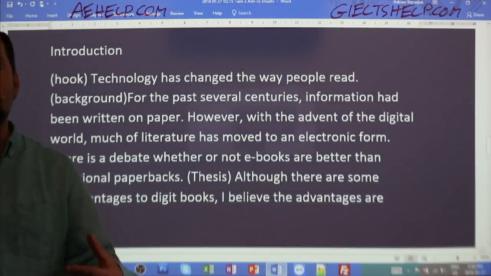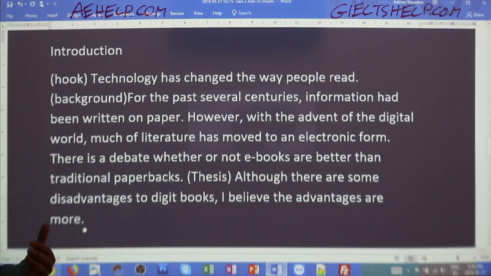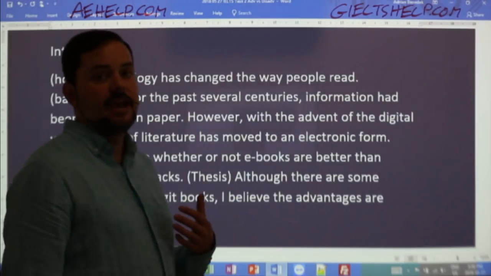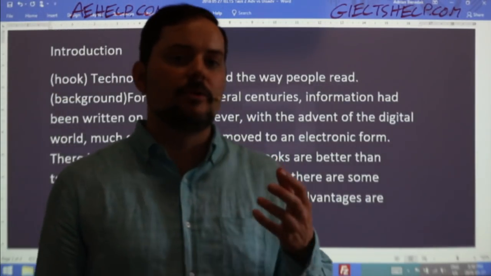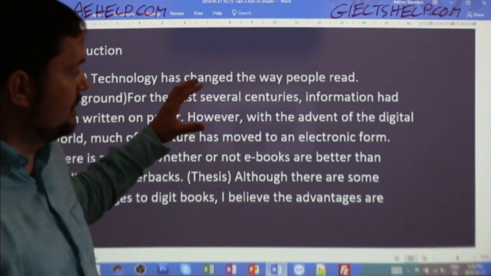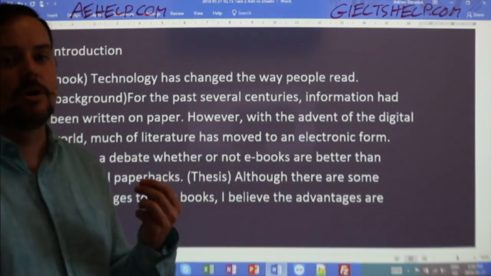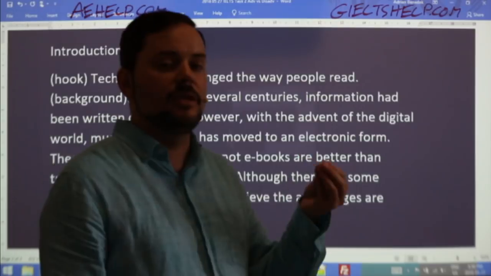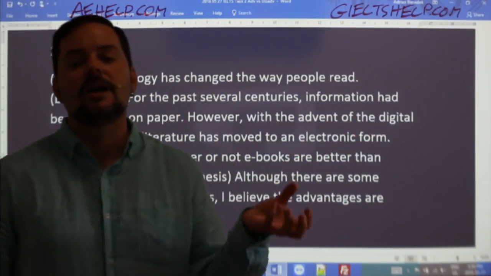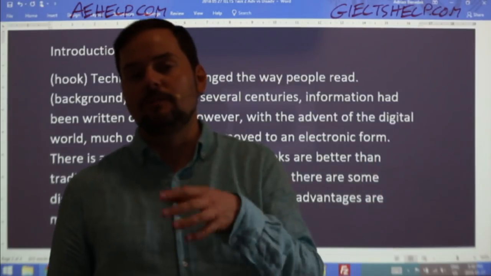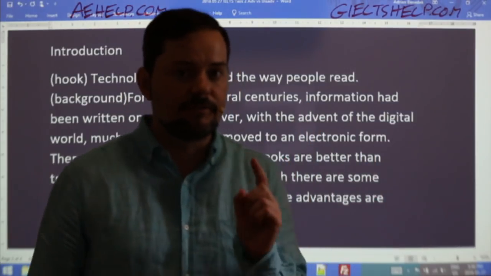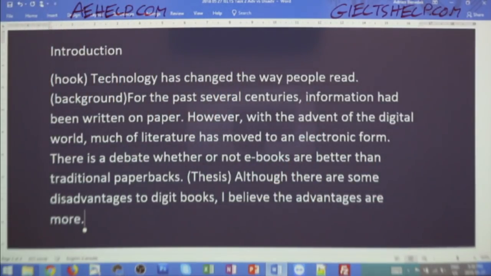Again, I want to make sure, Mohammed, that you're really clear now on how to write for this kind of essay. Notice that I didn't write a lot about books. So paper books, there's some information that appears there, but I don't focus on books because the question is asking me, do the advantages of ebooks outweigh the disadvantages? It's not asking me, can you compare it to paper books? So be very careful with these questions. All right, so let's read it.